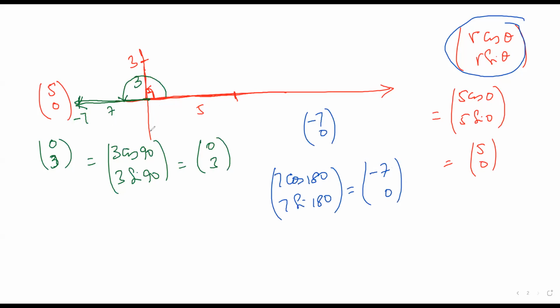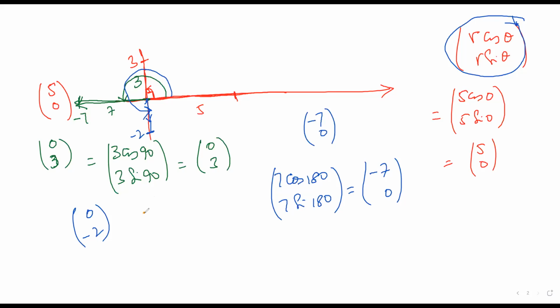Just one last thing. Suppose you have a vector here of magnitude 2 and it is going in this direction. First tell me mentally what would be this vector here. 0, minus 2. Very good. And suppose I want to find this through the r cos theta, r sin theta method. So what should I do now? Don't say the magnitude is minus 2.